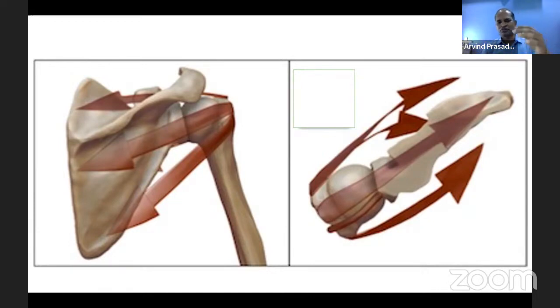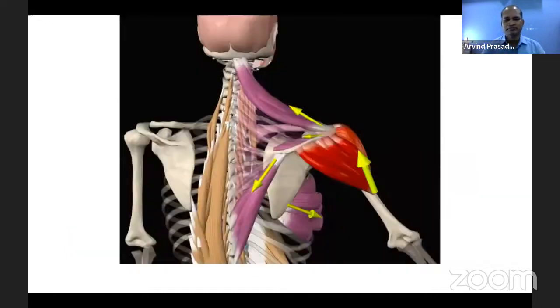Superiorly, there is supraspinatus that keeps the humeral head down inside the glenoid cavity. Posteriorly, there are infraspinatus and teres minor. Anteriorly, there is subscapularis. All these four muscles act together to hold the humeral head inside the glenoid cavity and make it a stable joint.